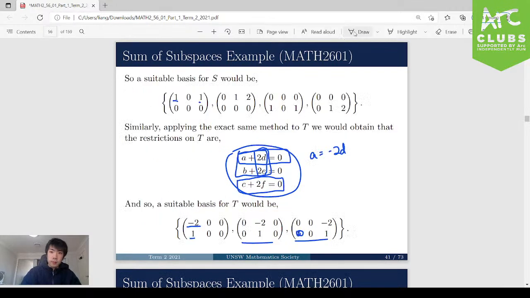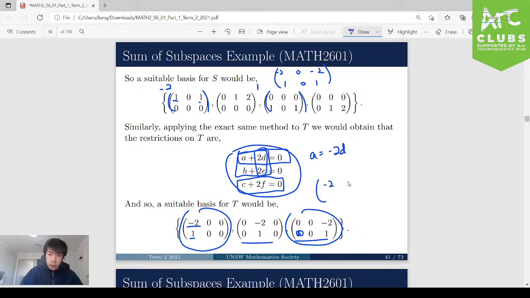You go back here. -2 lots of this one plus one lot of this one would become -2, 0, -2, 1, 0, 1, which is the same as if you took this one and added it with this one. Then you get -2, 0, -2, 1, 0, 1.